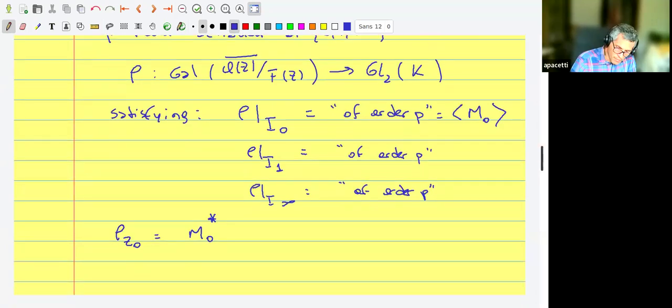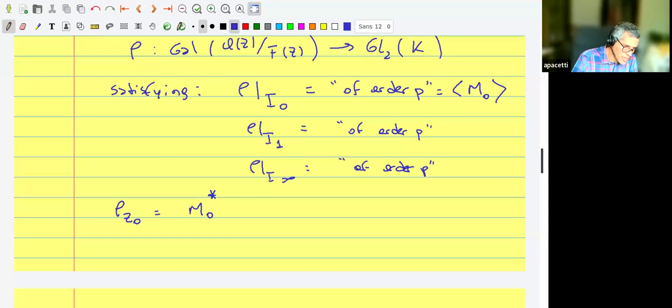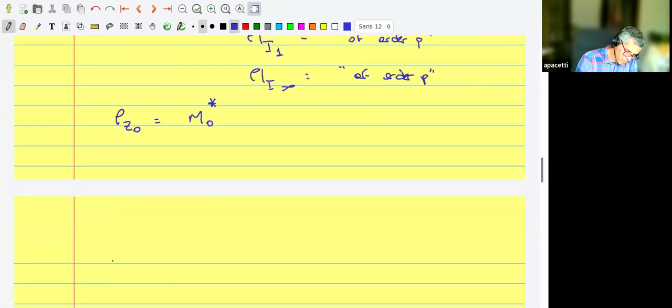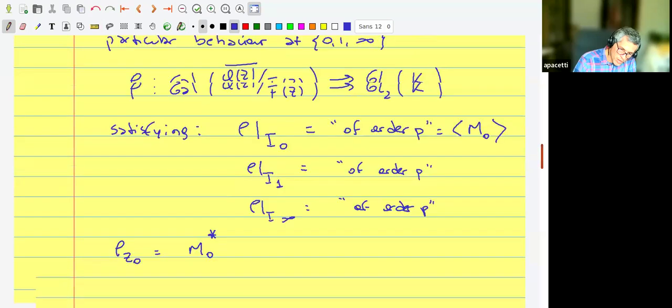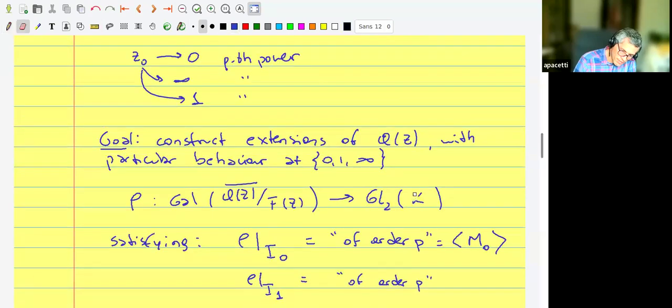I want to be a little more specific with this, so let me go a little bit into Darmon's program. The idea in Darmon's program is to put here a finite field.